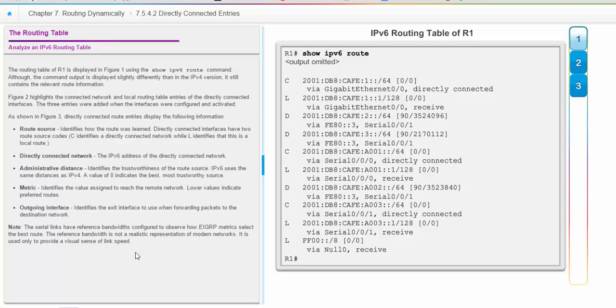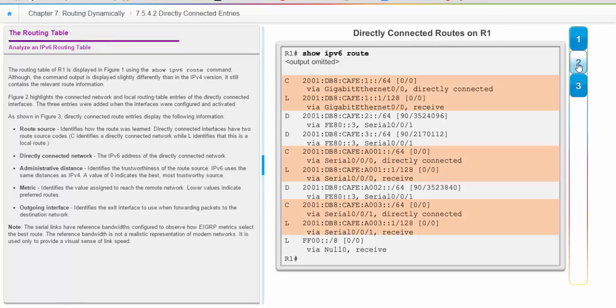So when we do our show ipv6 route, we get the information shown here. The highlights here are the connected networks and local routing table entries of the directly connected interfaces. The 3 interfaces were added when the interfaces were configured and activated.